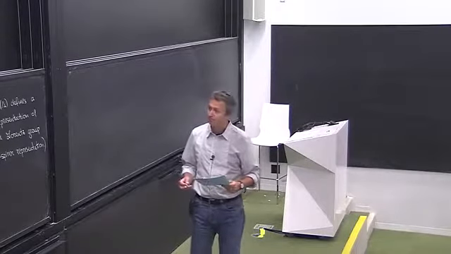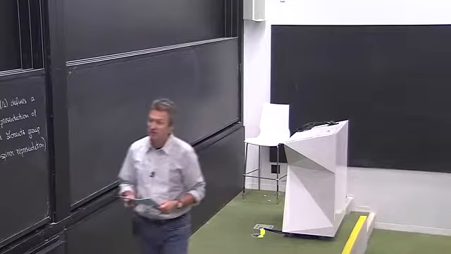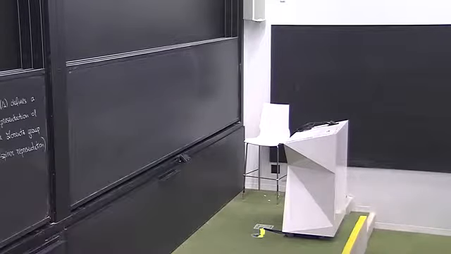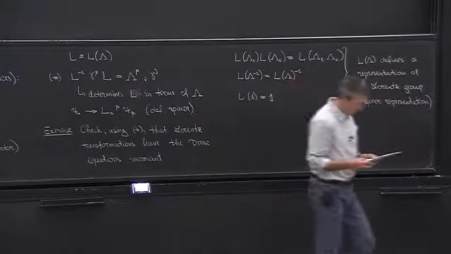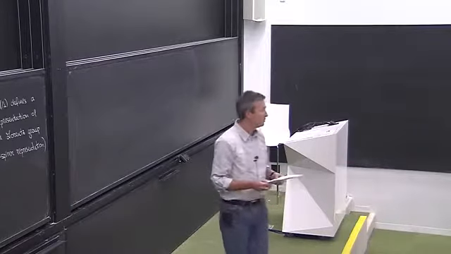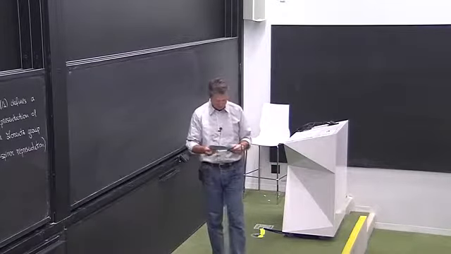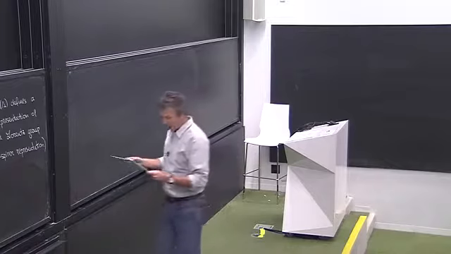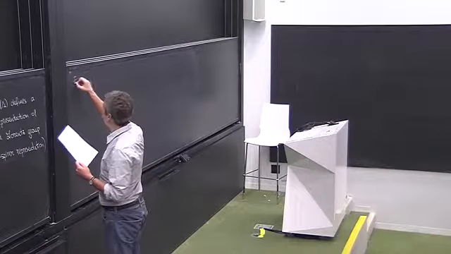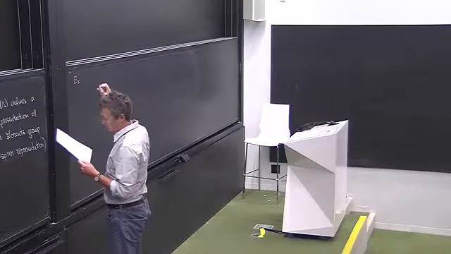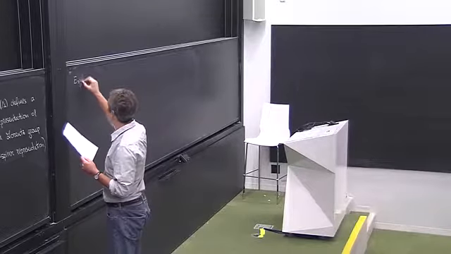Now, I want to explicitly construct what L is in terms of lambda. We will only do this for infinitesimally small Lorentz transformations, where it's easy to write explicit expressions.